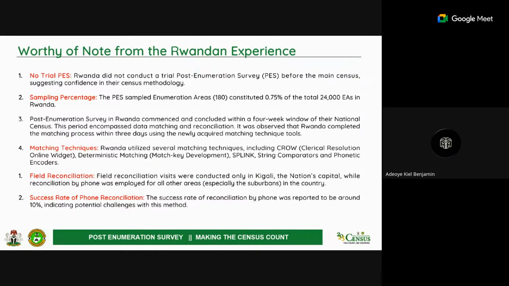They did a physical reconciliation visit in Kigali, but the phone reconciliation was done outside, and the percentage was very low. It is because of the obvious challenges they have. And in Nigeria, I think what we are planning to do is going to overcome these issues. Then the success rate, as I said, phone interview was at Rwanda.